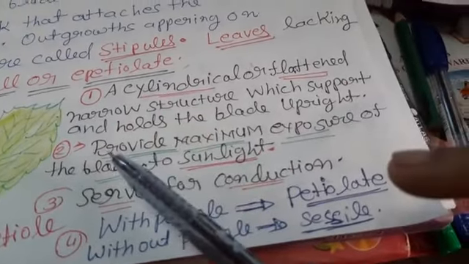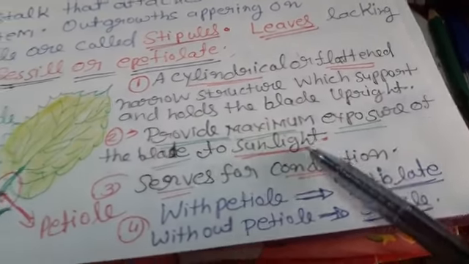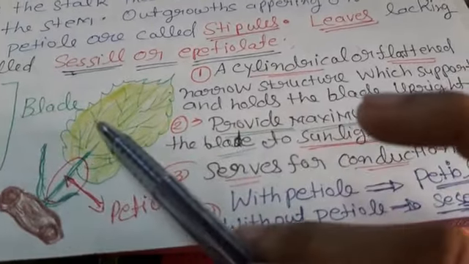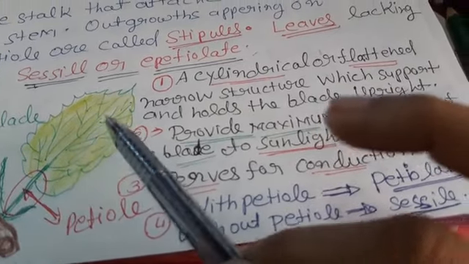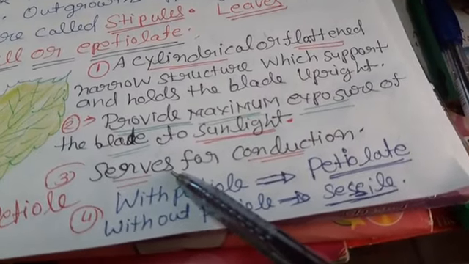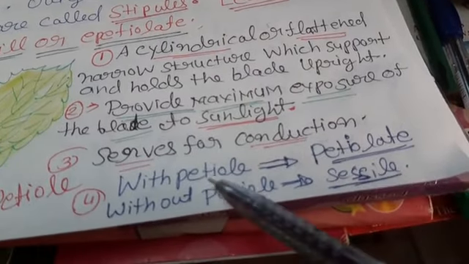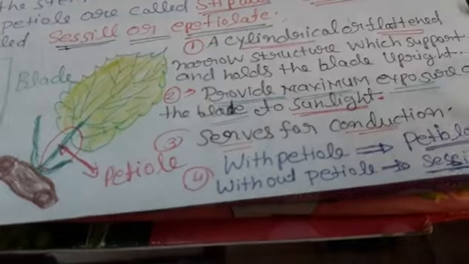The second point: the petiole provides maximum exposure of the blade to sunlight. The third point: it serves for conduction to the leaf blade.